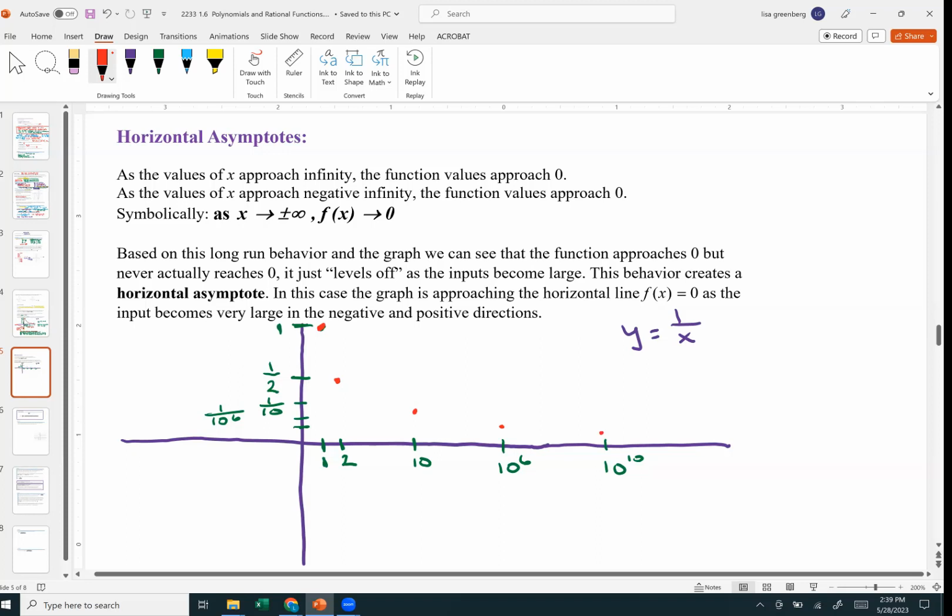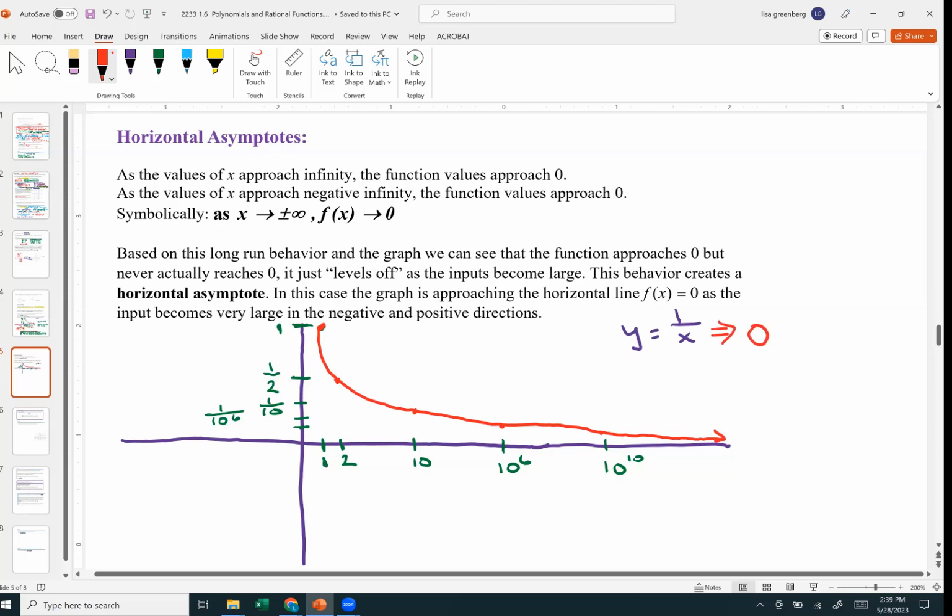And we are going to have the same graph. It's still going to look similar to the one we had before. But what's happening is this is getting closer and closer to 0. Well, can y ever be 0? Let's see.